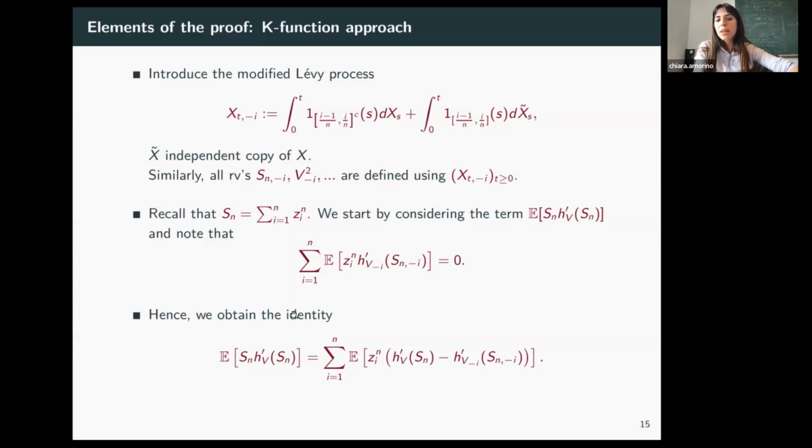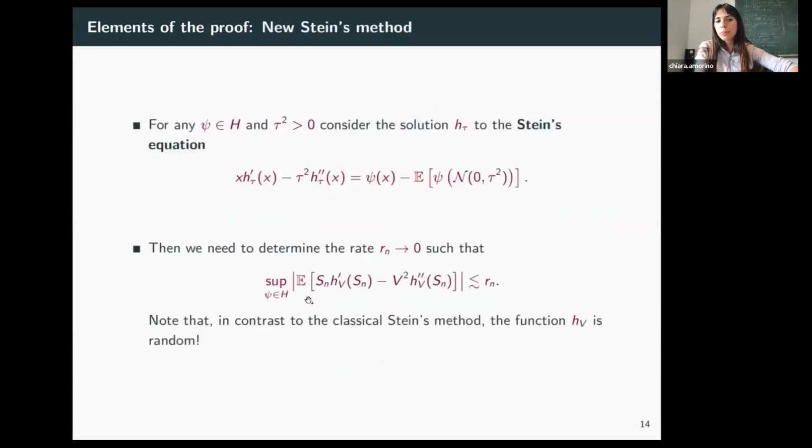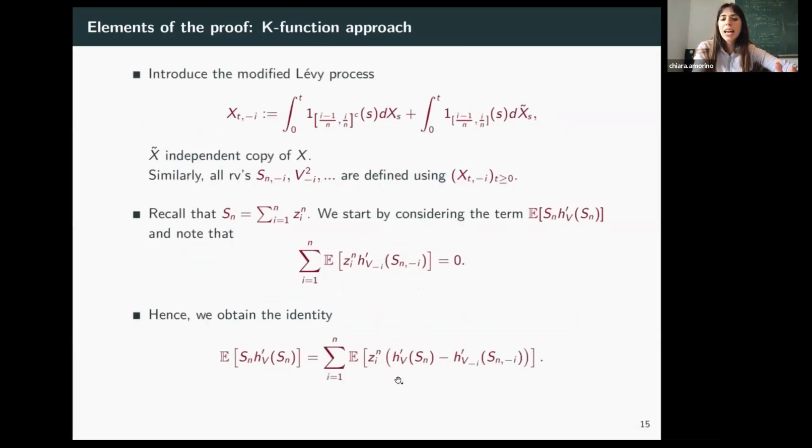So remember that we wanted to show that this was going to 0 at a certain rate. And as you can add and remove this expectation as you wish, you can remove here the derivative of h in this new process.